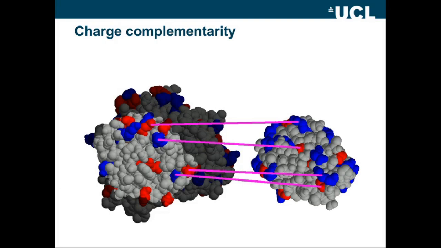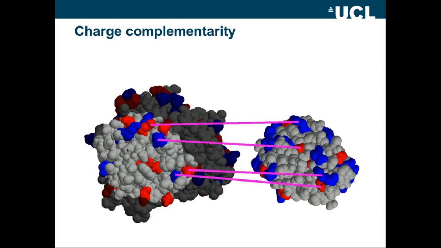Now, I mentioned that we get this idea that we have the energy being driven by hydrophobics, but we also want to match up those other things. So what I've done here is to take two interacting surfaces from a protein, and on the left I have this one protein here with the interacting region shown in this paler colour.